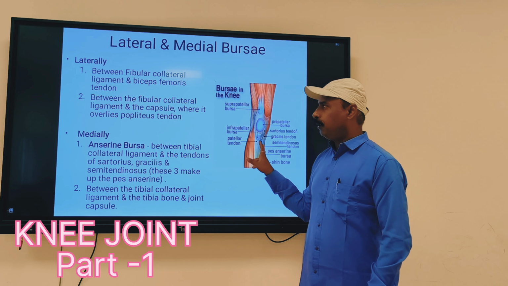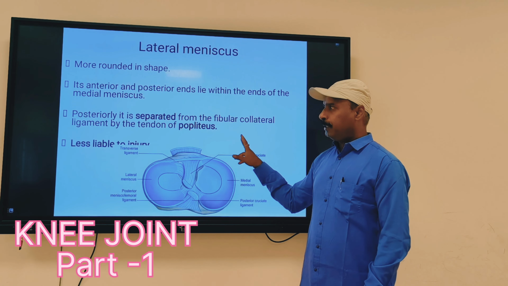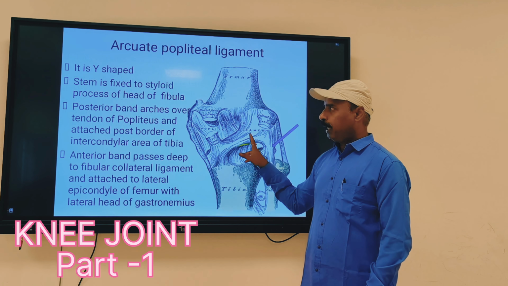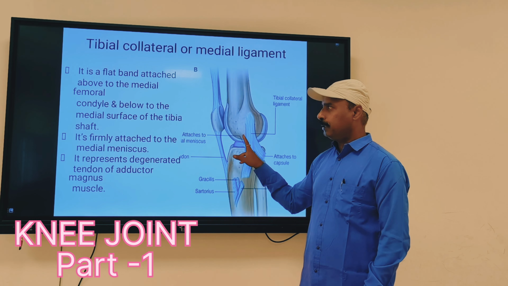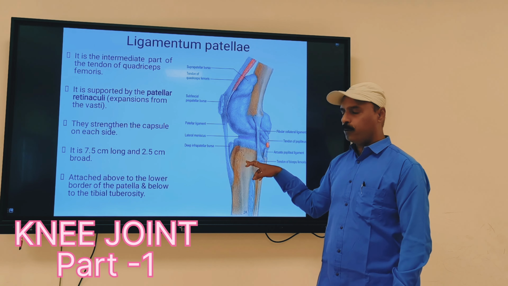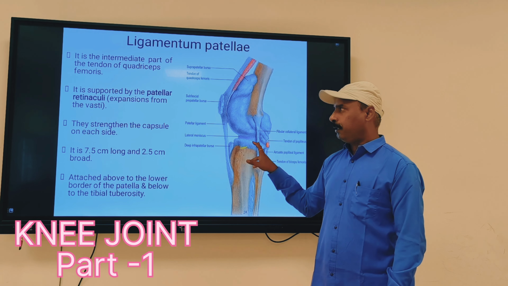This one represents all the ligaments of the knee joint. The diagrams you have to practice are of the ligaments. Here the ligamentum patellae you have to draw simply. Patella you know, tibia you know.